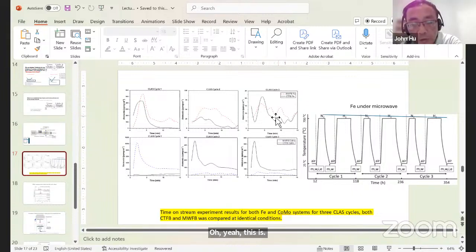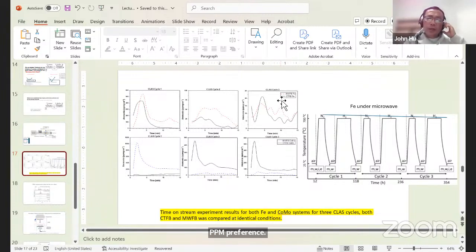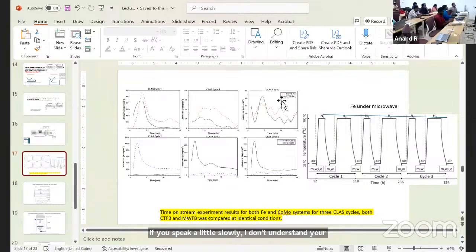Are you talking about cycle 3, the heating in cycle 3? No, the unit which was used, ppm per. I couldn't understand. I think the microphone has some problem. If you speak a little more slowly, could you repeat your question again? I couldn't hear clearly. Could you tell what is on the y-axis? The unit of the y-axis.